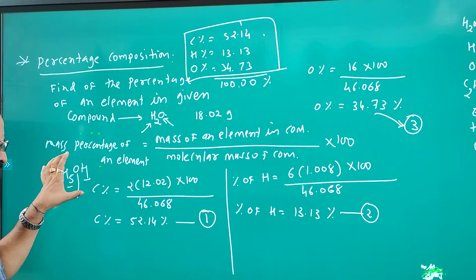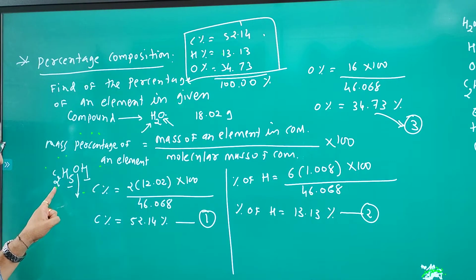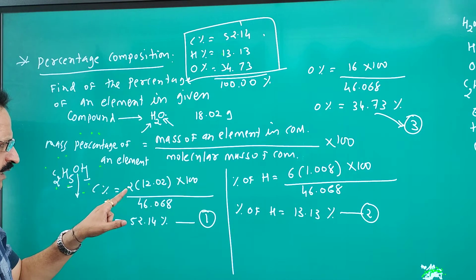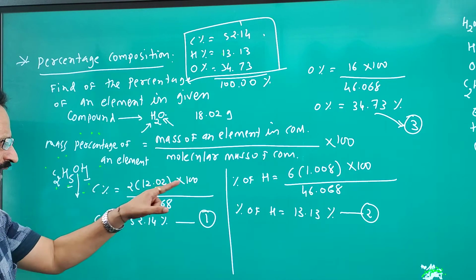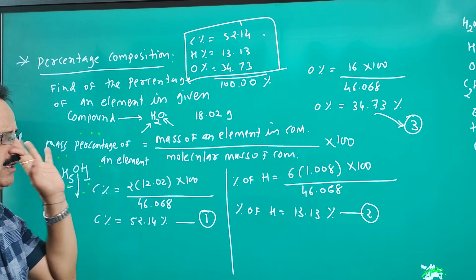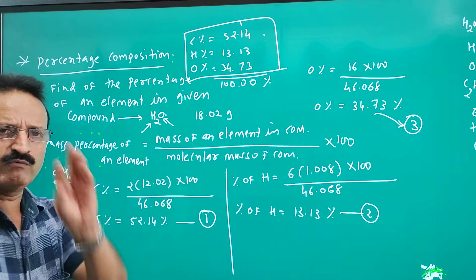You are given the number of elements. You just follow the number, multiply, then multiply by 100 and divide by the given molecular mass. You will get the percentage of the element very easily.